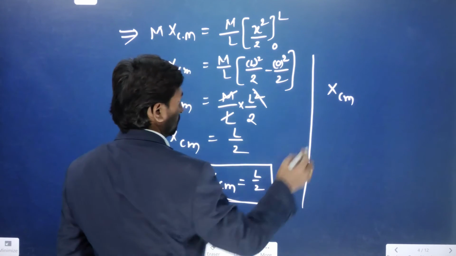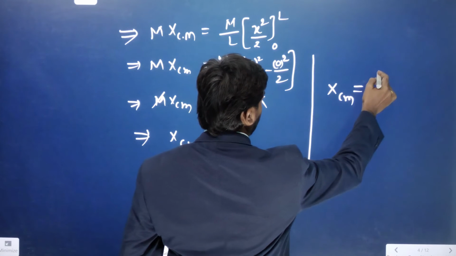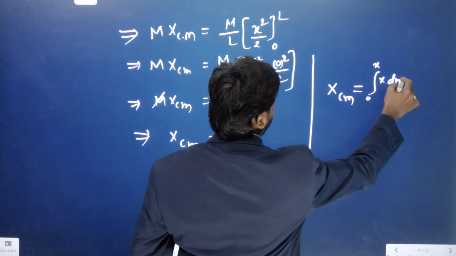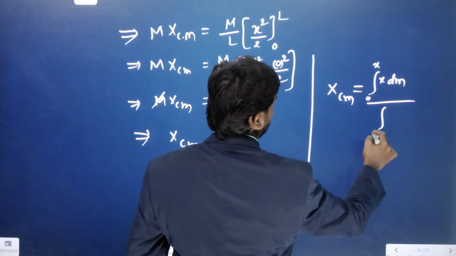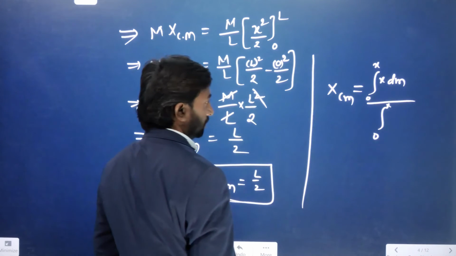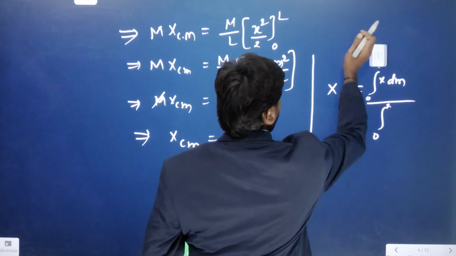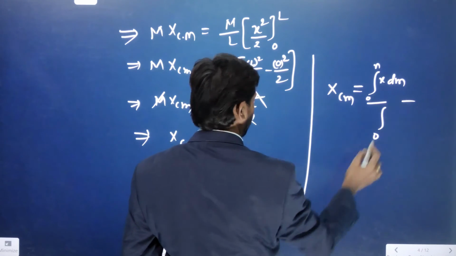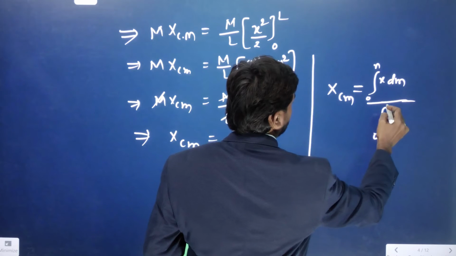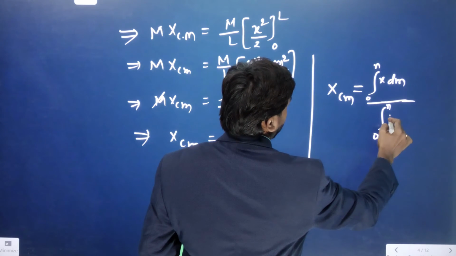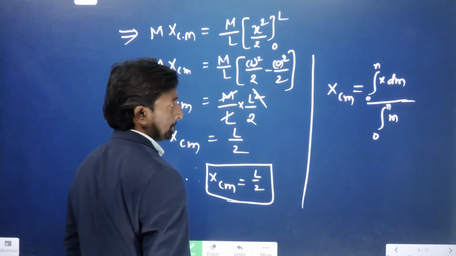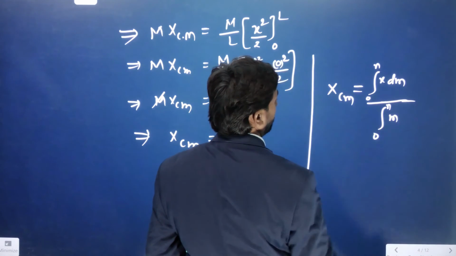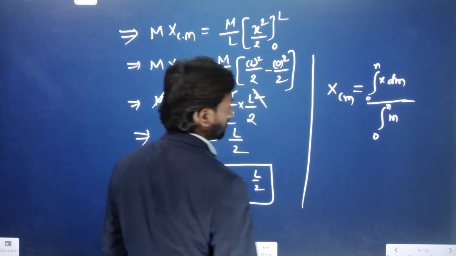Suppose it is distributed along the x-axis, so we write the integral from 0 to n of x dm, divided by the integral from 0 to n of dm, the whole mass.